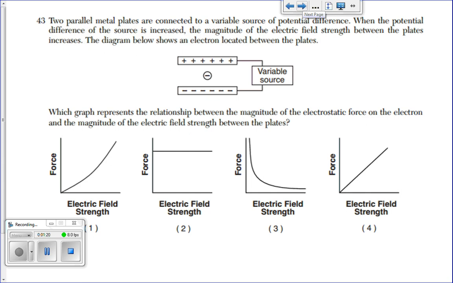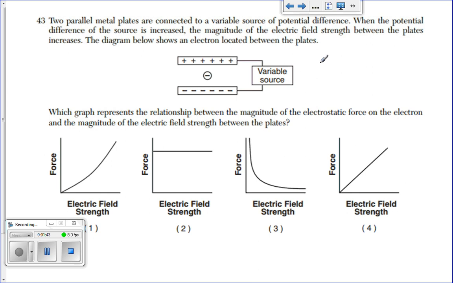For 43, this has a ton of words and does not need to be complicated. All right, again, ultimately it's asking to find the graph that represents the relationship between the magnitude of force on a charged particle versus electric field strength. Okay, so we're looking for a relationship between force versus electric field.